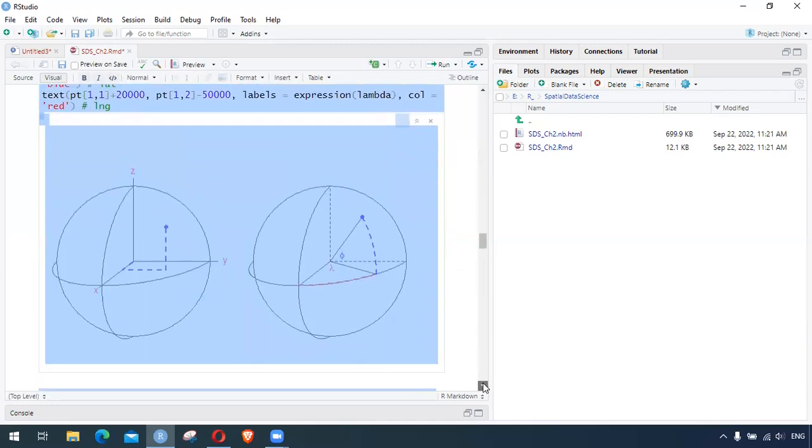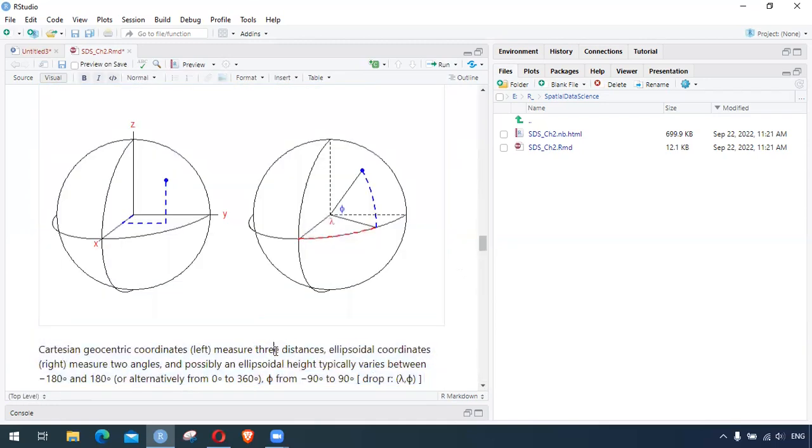So this is the Cartesian geocentric coordinates, where we have only lengths, three distances, and the ellipsoidal coordinates on the right deal with angles.